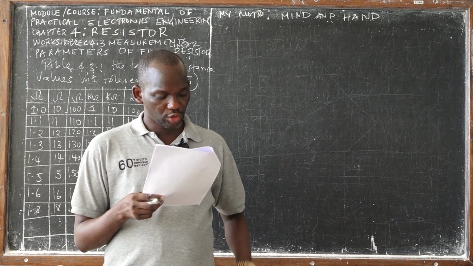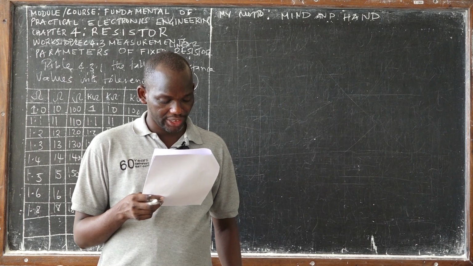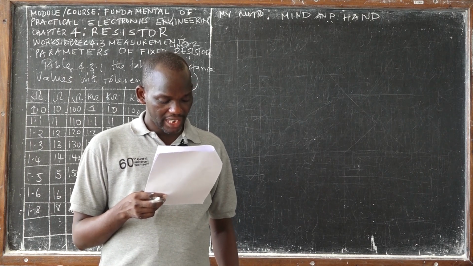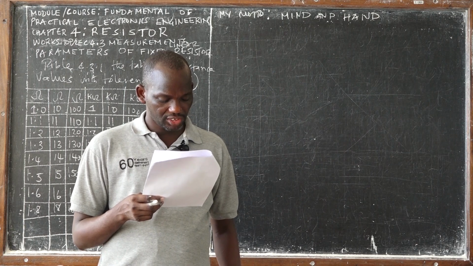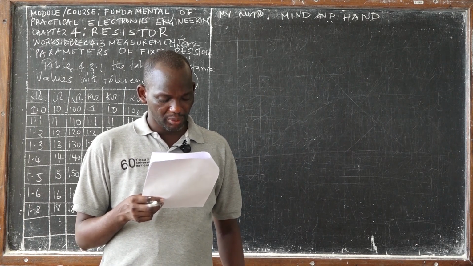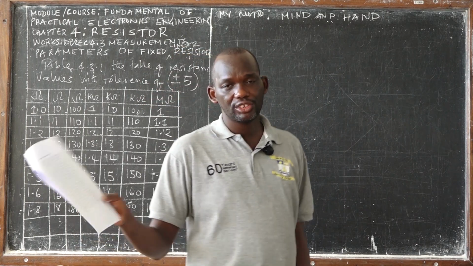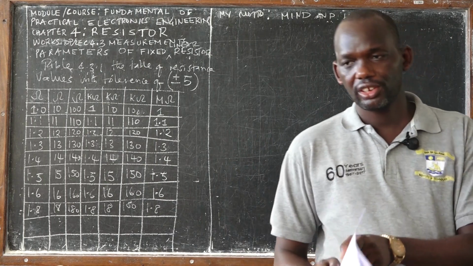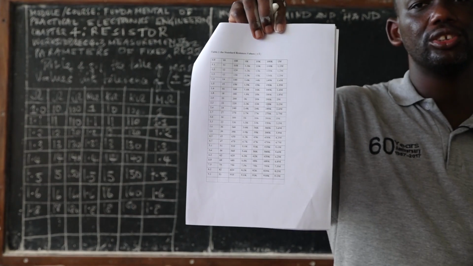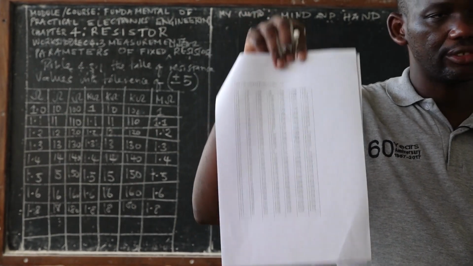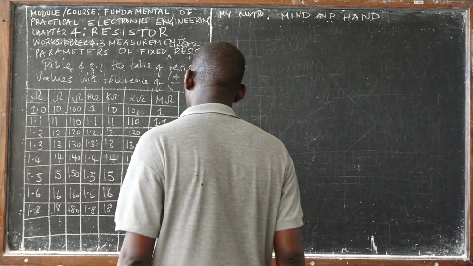So the next numbers are 2.0, 2.2, 2.4, 2.7, 3, 3.3, 3.6, 3.9, 4.3, 4.7, 5.1, 5.6, 6.2, 6.8, 7.5, 8.2, 9.1. I will give you this table so that you can take a photo. This is the table that can help you to understand standard resistance. So you take a photo, a copy of it.